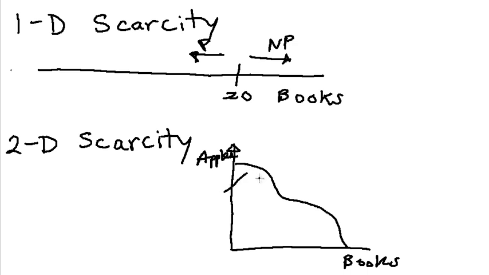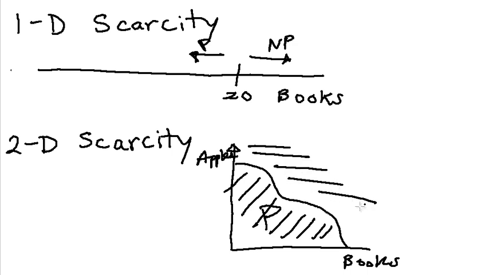So everything inside the curve is possible. Everything outside the curve is not possible. And on the curve is possible.